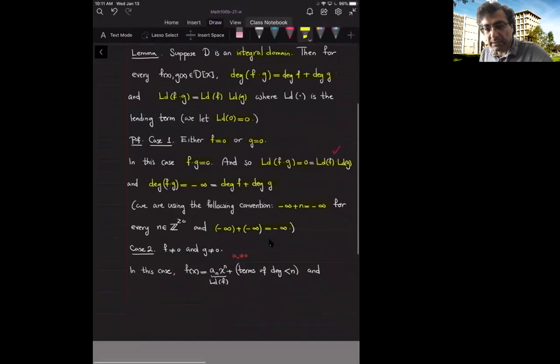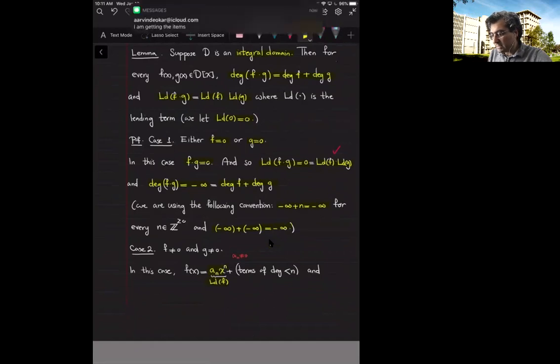Now let's assume that neither f nor g is 0. That means we have a non-zero leading term. That means f of x is a non-zero leading term, a sub n x to the n, plus terms that have degrees strictly less than n.